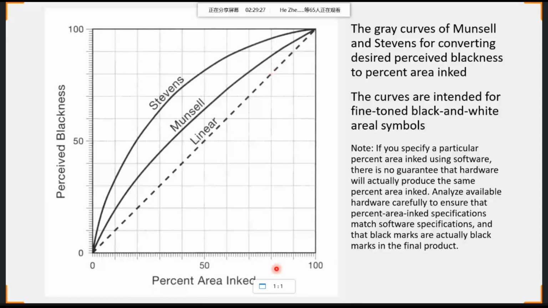So if you have, for example, here 80% inked, you have, depending on the curve, about 90% here. But if you choose 90, it's just a little bit more. So the difference here is lower. Therefore, you need greater steps here to get the same impression here.